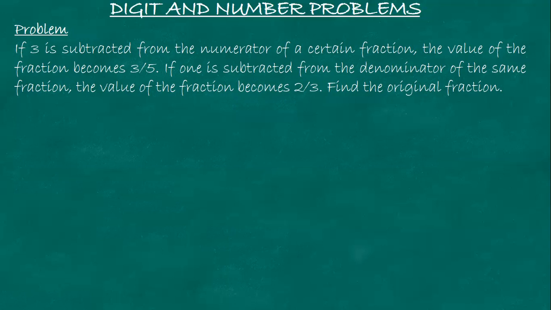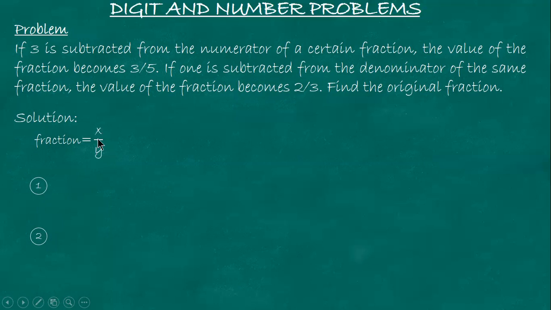Find the original fraction. So what is the original fraction? x over y. And so we have two unknowns, x and y.